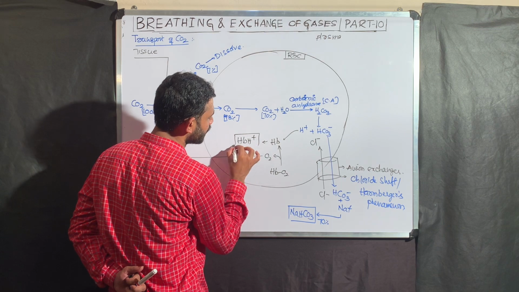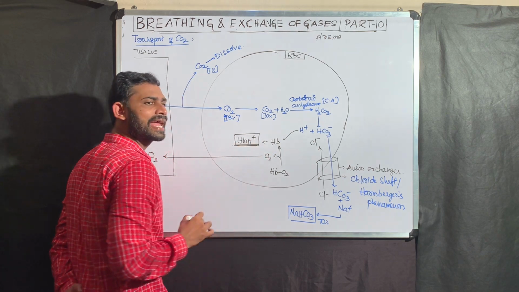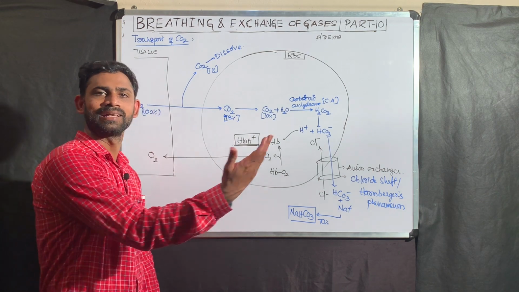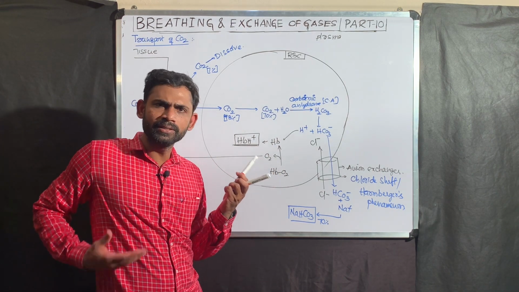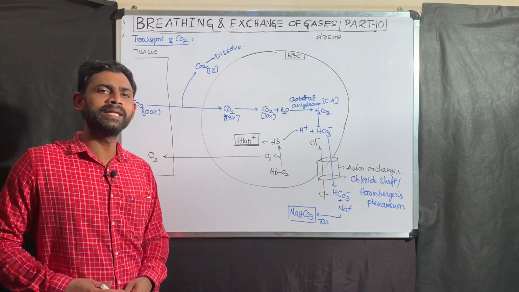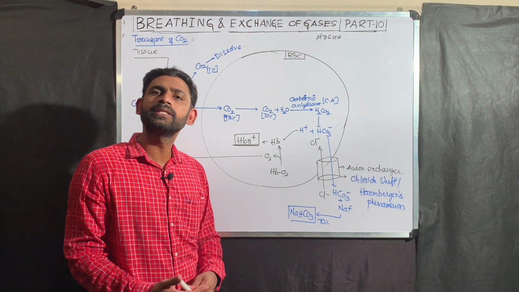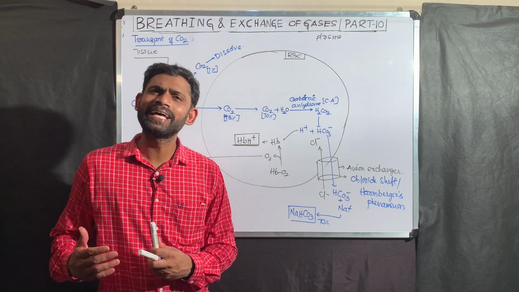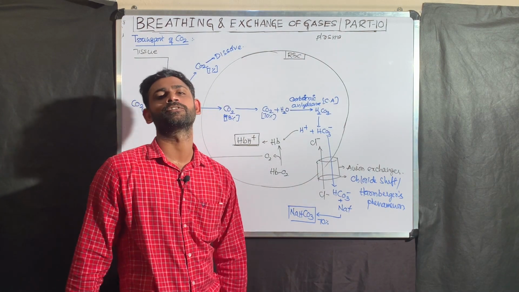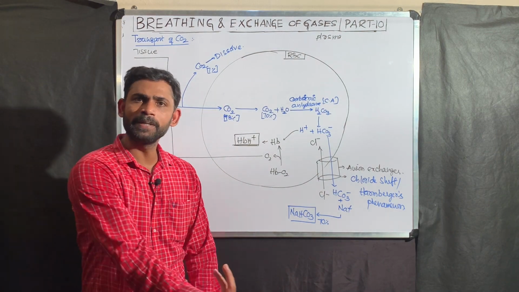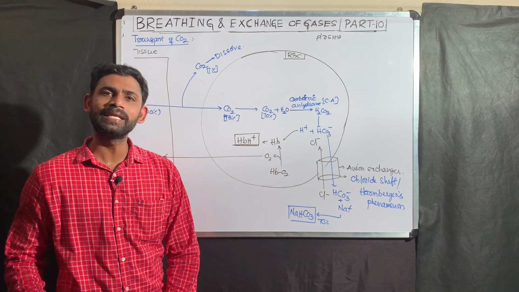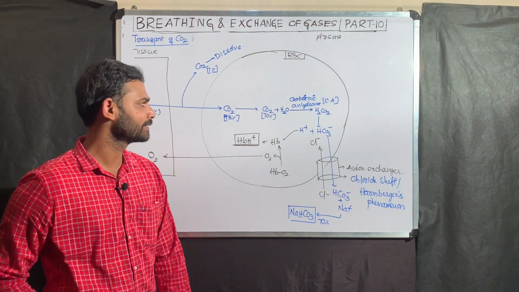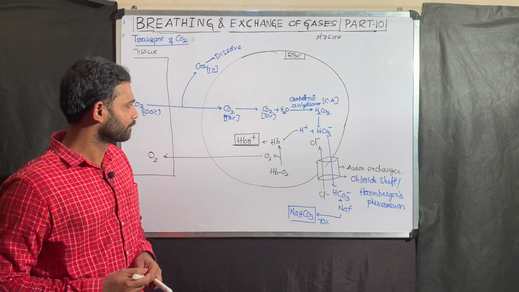This is called hemoglobinic acid. HbH plus is a hemoglobinic acid. What is the importance of the formation of hemoglobinic acid? When compared with hemoglobin as a normal molecule, hemoglobinic acid has more affinity towards oxygen. So for rapid binding, this hemoglobinic acid rapidly accepts the oxygen. That is the advantage.